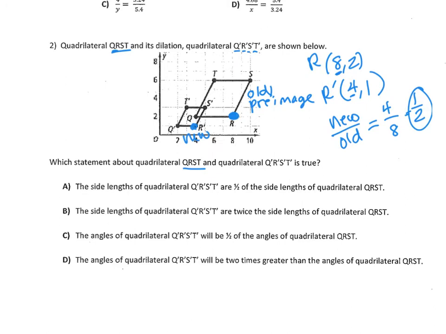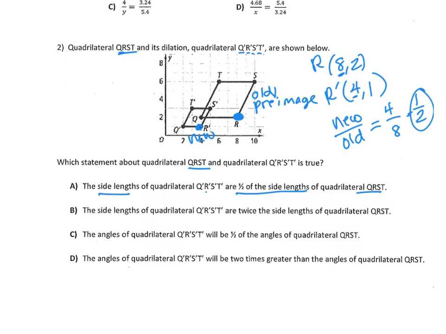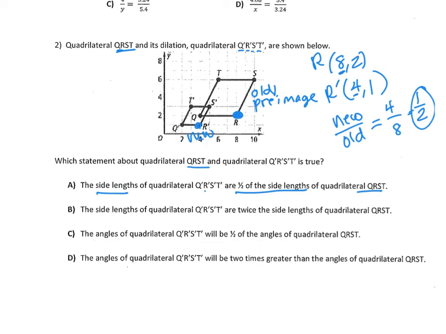So the answer choice A says the side lengths of quadrilateral Q prime, R prime, S prime, T prime are 1/2 the side lengths of QRST. Is that true? What did we just figure out? So then B, the side lengths of quadrilateral Q prime, R prime, S prime, T prime are twice the side lengths of QRST?